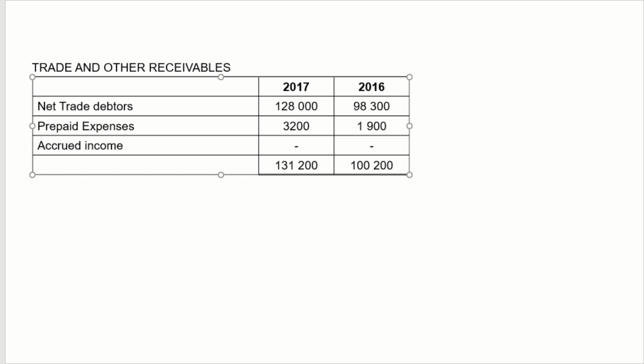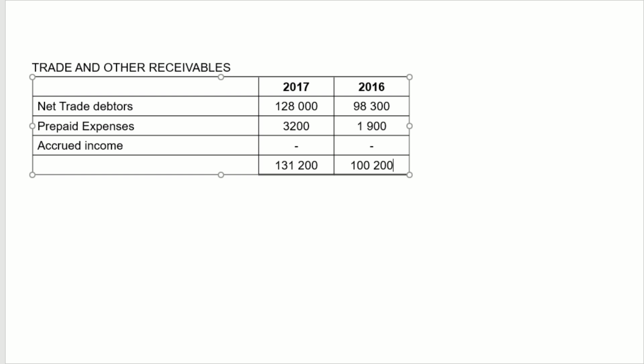All right, now that we have found our totals, this is where now we compare if we had an increase or a decrease in trade and other receivables. All right, so in 2016 we had 100,200, and in 2017 we had 131,200. So which one is bigger? 2017 is the bigger amount, which means there was an increase in our debtors.